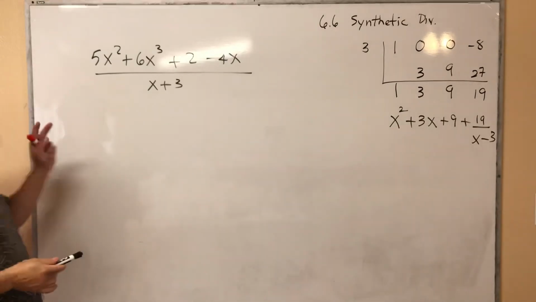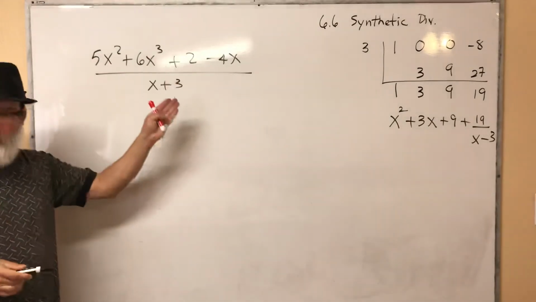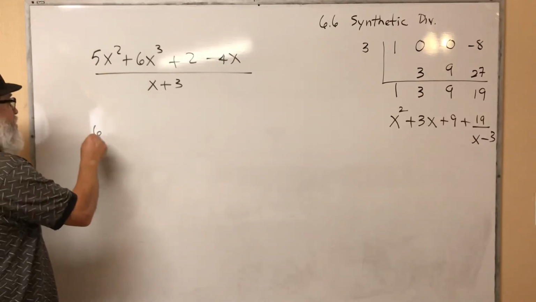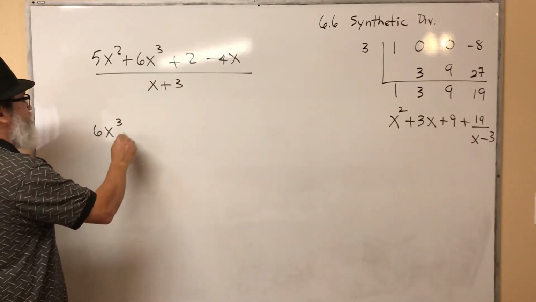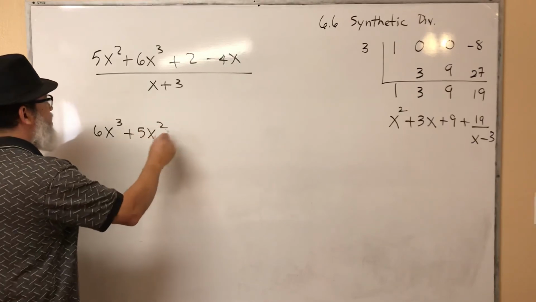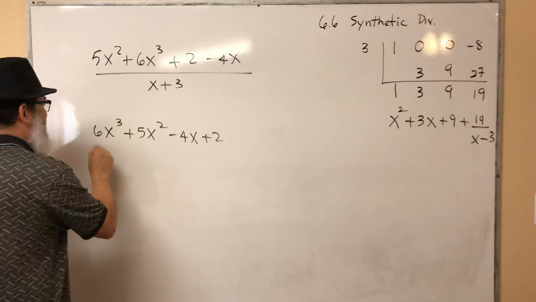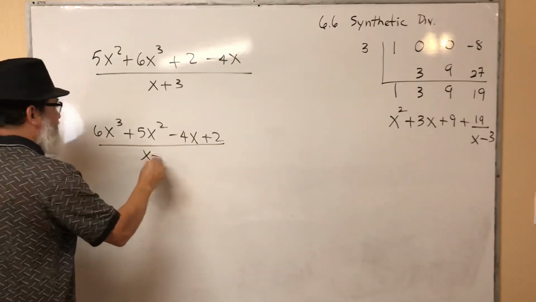Before you do synthetic division, you better write this in descending order. So this goes first: 6x cubed plus 5x squared minus 4x plus 2 divided by x plus 3.